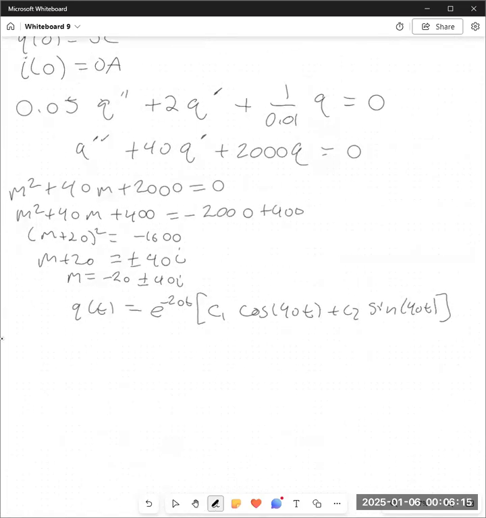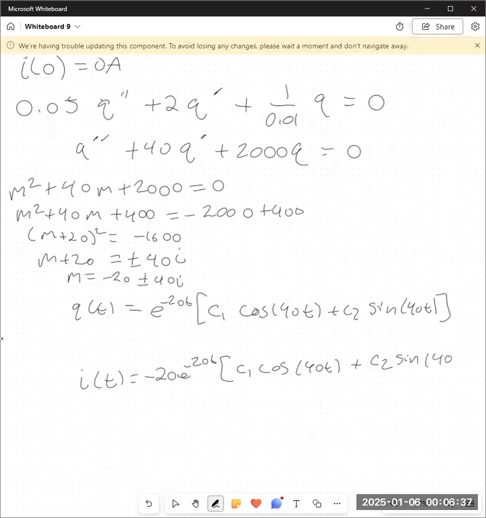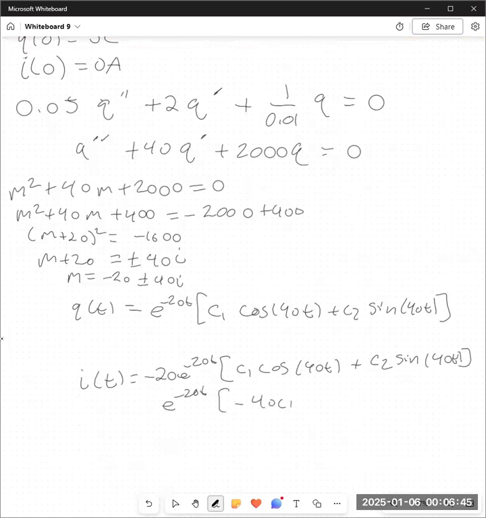So i of t will be negative 20 e to the negative 20t times C1 cosine of 40t plus C2 sine of 40t. Now we leave the outside alone and differentiate the inside. It's negative 40 C1 sine of 40t plus 40 C2 cosine of 40t.